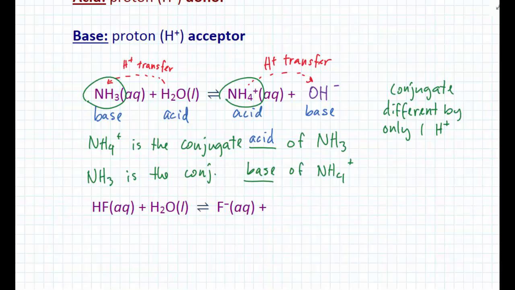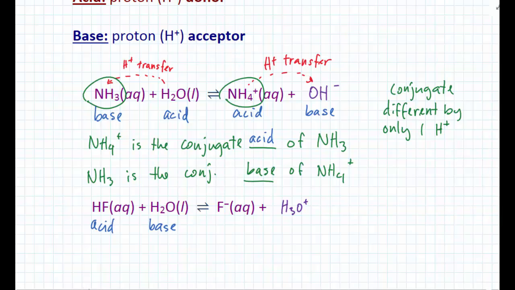And it shouldn't be too difficult if I give you one of the products there. What's the other product going to be in this equilibrium? H3O? Yep, it's going to be H3O+. So what was HF acting as here? Acid. Yeah. The thing an acid reacts with has to be a base, right, if it was a proton transfer.